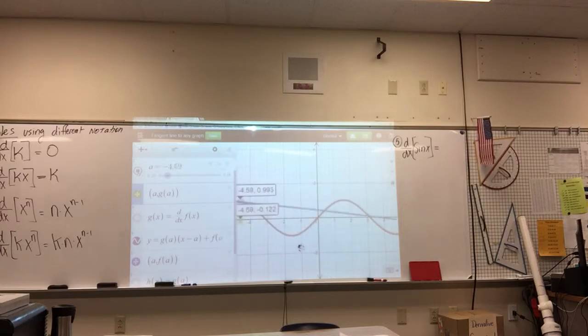And if we could connect the dots of all of the green ones, it would form a new function. And that new function would be the derivative.